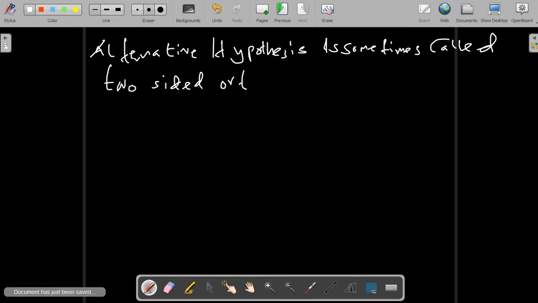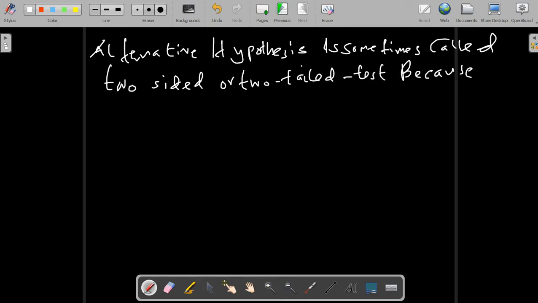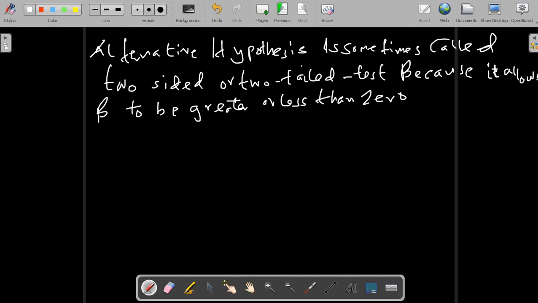The alternative hypothesis is sometimes called a two-sided or two-tailed test, because it allows beta naught to be greater or less than 0. If the alternative hypothesis was written as either beta naught greater than 0 or beta naught less than 0, this would be a one-sided or one-tailed test.